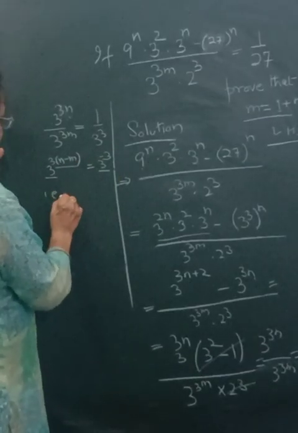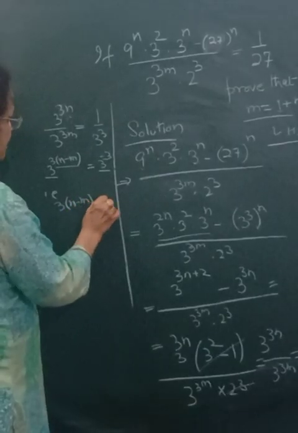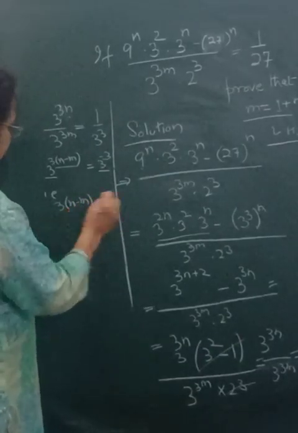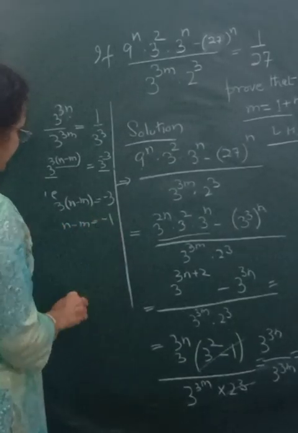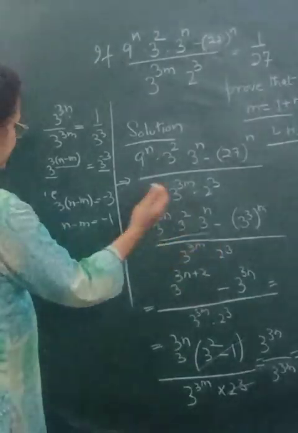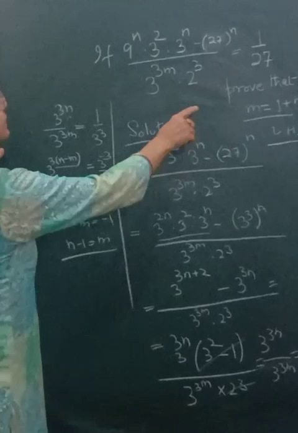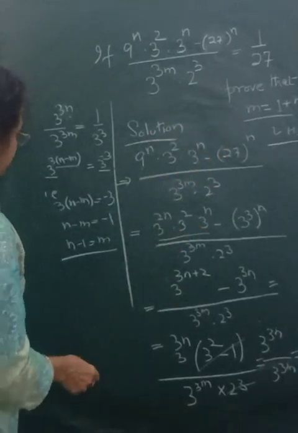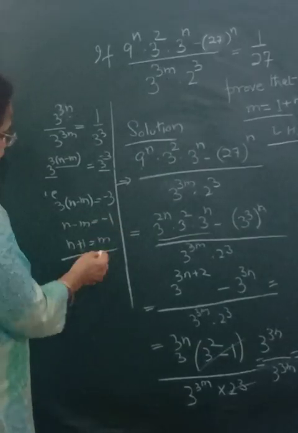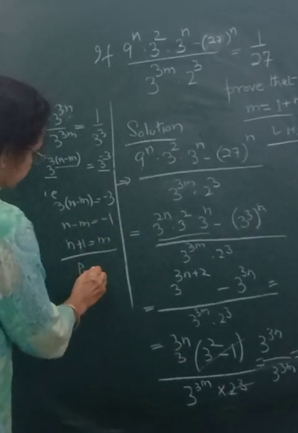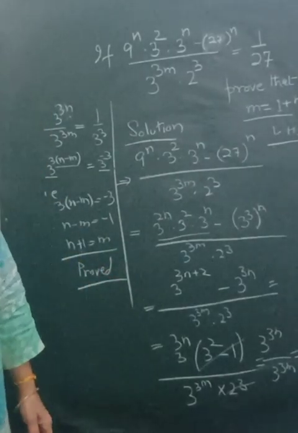It means 3 times n minus m is equal to minus 3. Divide by 3, n minus m will be equal to minus 1. It means m goes to the other side, so n plus 1 is equal to m. This is proved. This was the solution. Okay?